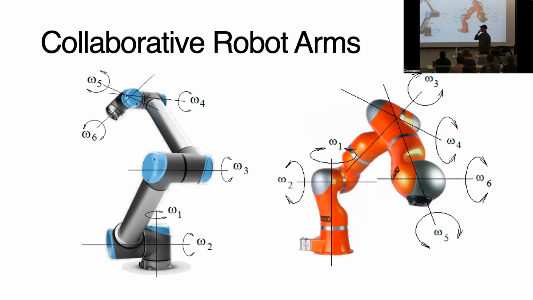All right. And then we also have what are becoming very, very common these days, these collaborative robots, where you basically have a series of rotational joints and you might have many more than 6 degrees of freedom. What really makes a collaborative robot is not necessarily how the joints are arranged, although it is very common to have pairs of orthogonal rotational degrees of freedom.